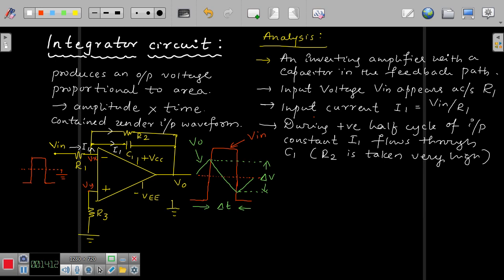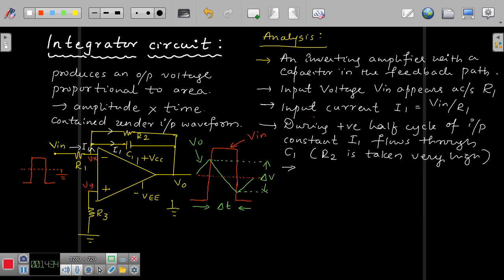That is how you will be able to realize the operation of the integrator, right. So when the R2 value is taken to be very high, definitely during the positive half cycle the current will flow through the capacitor C1, and it will start charging the capacitor, right.